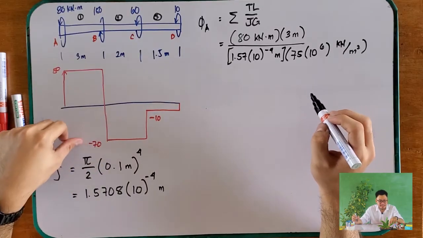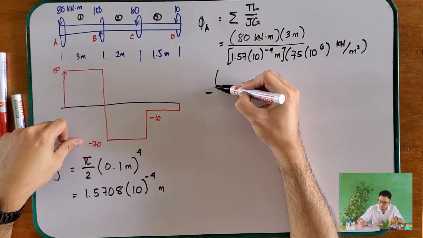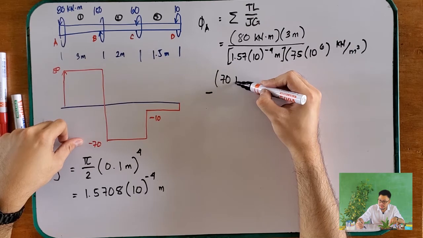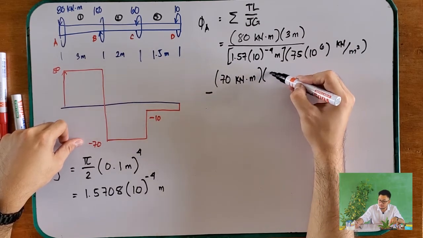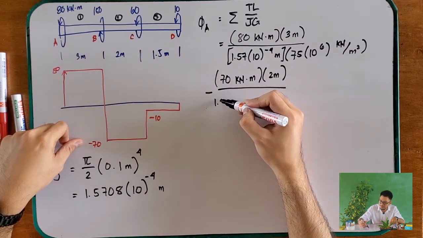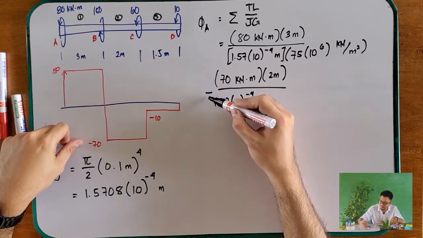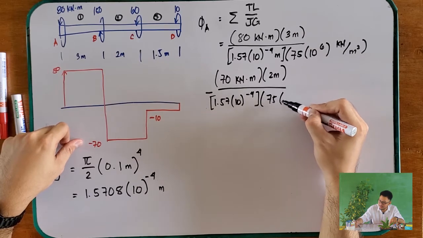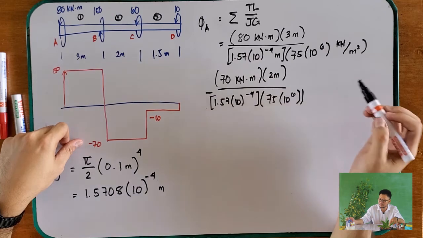Next segment, this one. So this one has a negative torque of 70. So minus 70 kilonewton meter times 2 meters over 1.57 times 10 to the negative 4 times 75 times 10 to the power of 6. Okay?